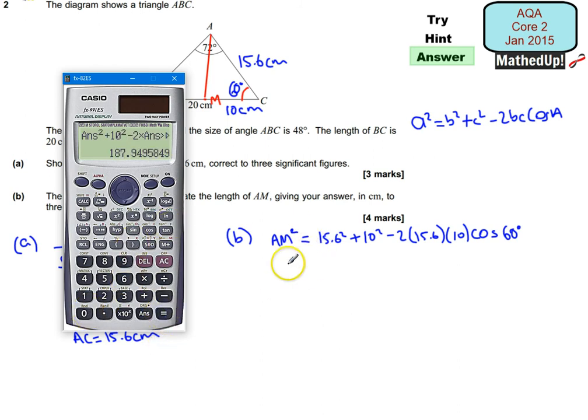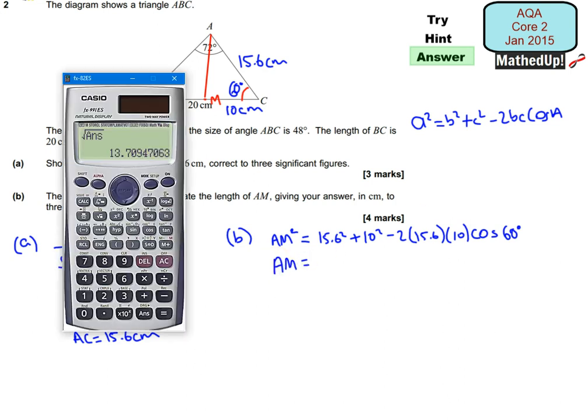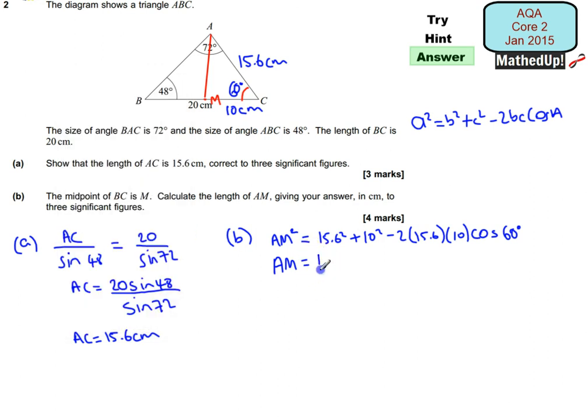Okay, so that tells me that AM squared is equal to this here. So if I square root that, that tells me that AM is equal to 13.7 centimeters, to 3 significant figures.